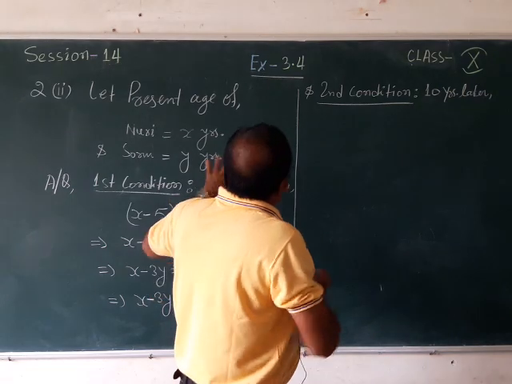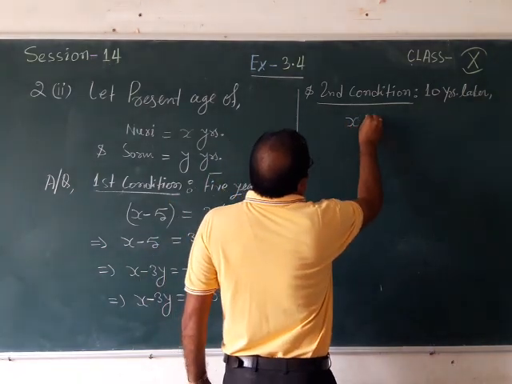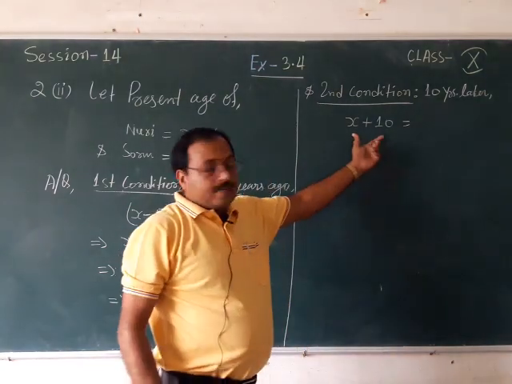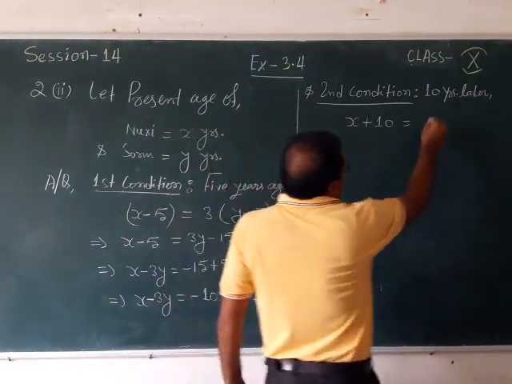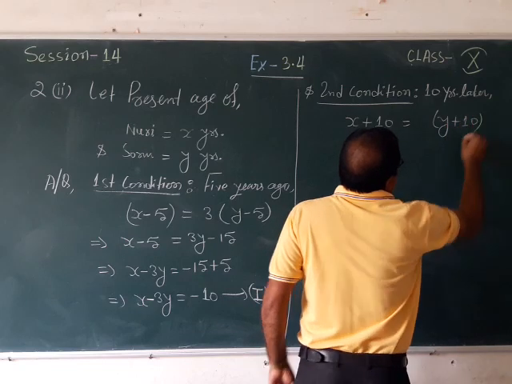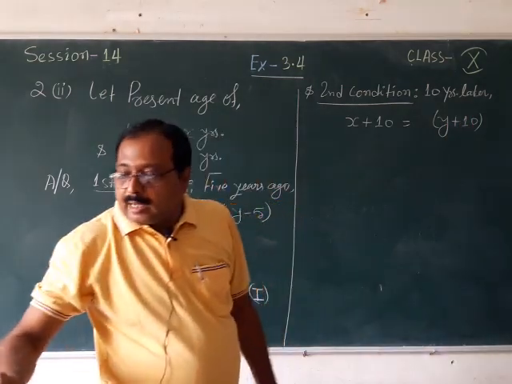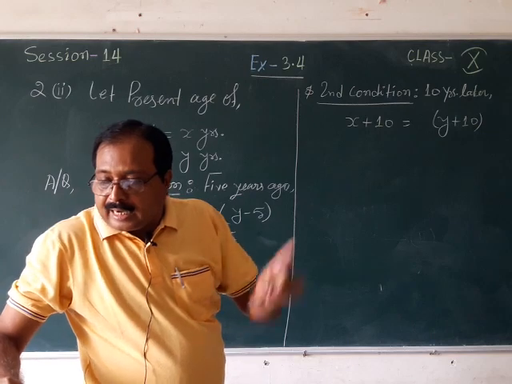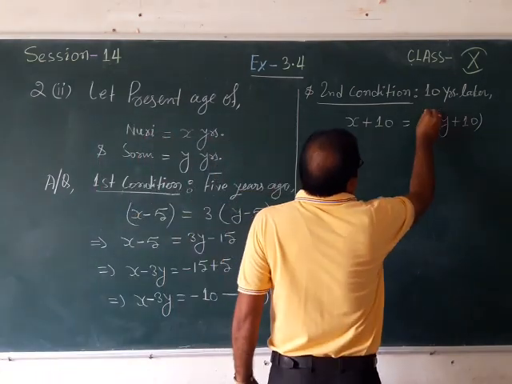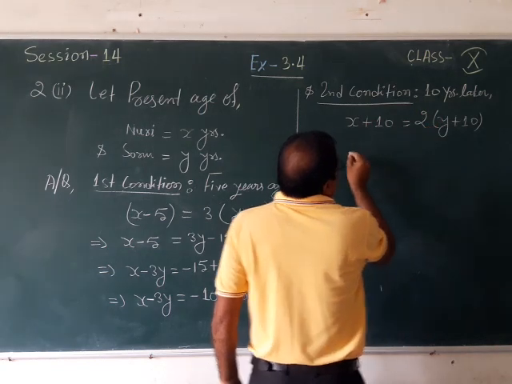So Nuri's age after 10 years will be x plus 10 years. Okay, this is Nuri's age, and Sonu's age will be y plus 10 years, and it should be multiplied by how much? 10 years later Nuri will be twice as old as Sonu. That means we need to multiply it by 2.